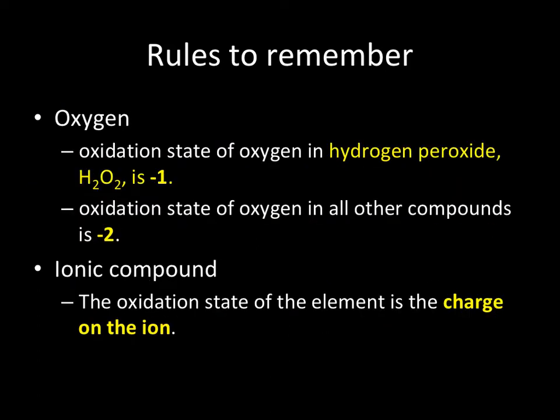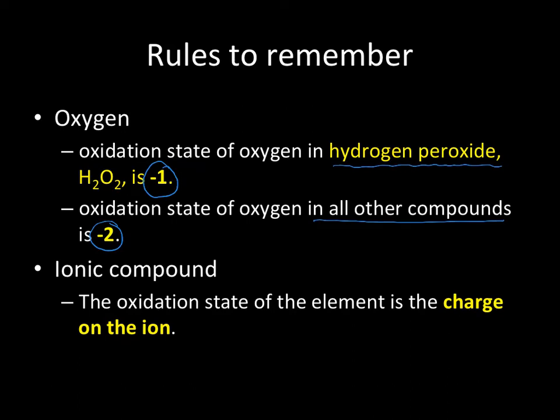Now, the next rule is related to oxygen. Oxygen, in most cases, has an oxidation state of -2 in all compounds. The only exception is hydrogen peroxide. In hydrogen peroxide, the oxidation state of oxygen is -1 instead.